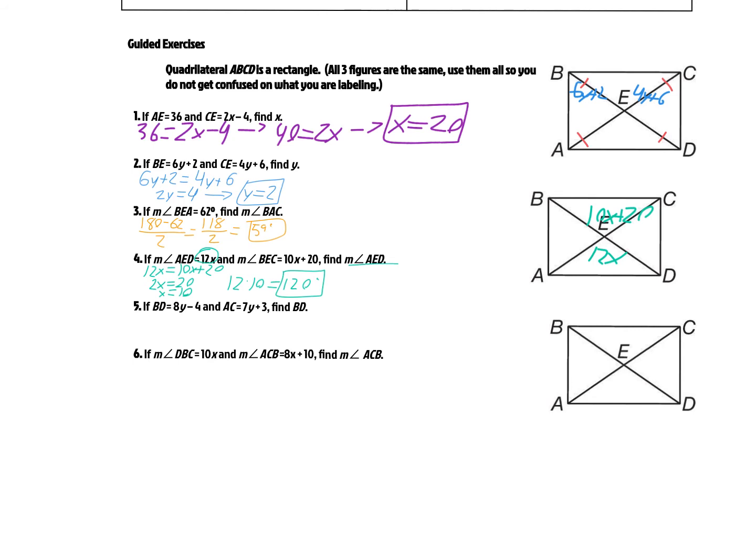If BD is equal to 8y minus 4, and AC is 7y plus 3, find BD. In a rectangle, our diagonals are congruent to each other.